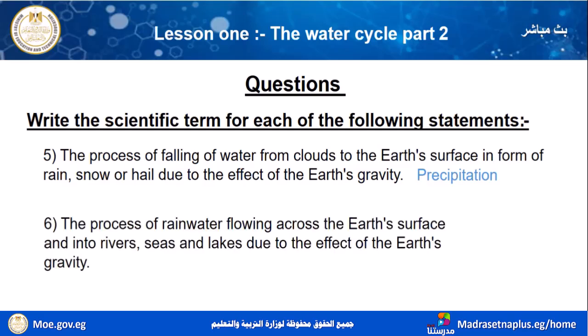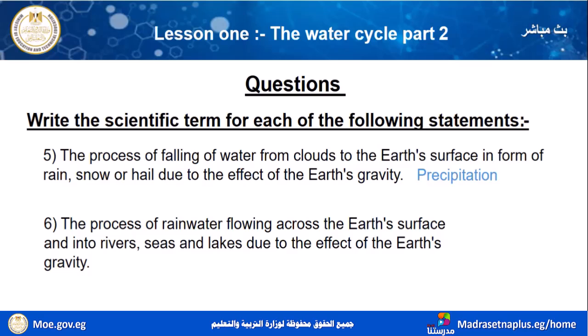Number six, the process of rainwater flowing across the Earth's surface and into rivers, seas, and lakes due to the effect of the Earth's gravity. Listen to me. Process of rainwater flowing across the Earth's surface. This is the key word.